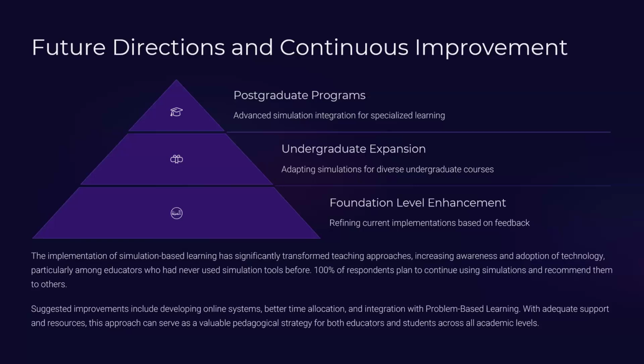Of course, we need a team or committee to decide which modules we want to implement these approaches in, because we believe that not all modules are suitable for this sort of activity, because of the nature of the module and its learning outcome. So this is our future direction for the study.